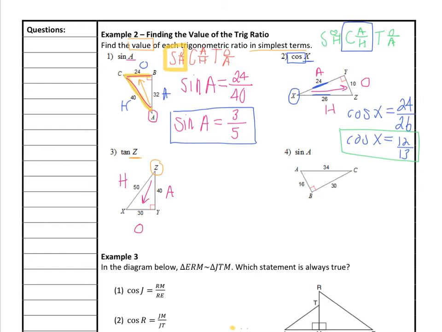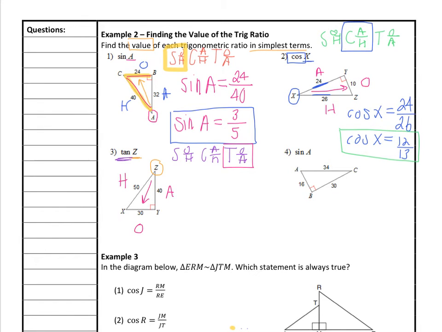Well, now I'm trying to find tan, so I need to take a second and write out my 3 trig ratios. So sine opposite over hypotenuse, cosine adjacent over hypotenuse, tan is opposite over adjacent, cross my a's. So again, I'm looking for tangent, so that means I'm going to need to use the 3rd ratio here.